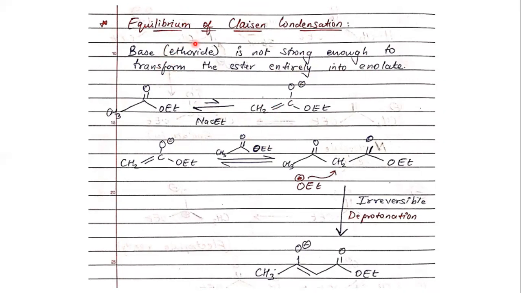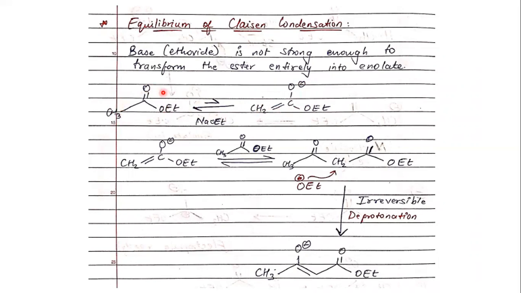Because ethoxide is not a strong base, the formation of enolate is not happening as much as it should. This is denoted by the size of the arrows you can see here. It's an equilibrium reaction: the forward arrow is very small and the backward arrow is quite large, so the quantity of enolate formed is quite less.